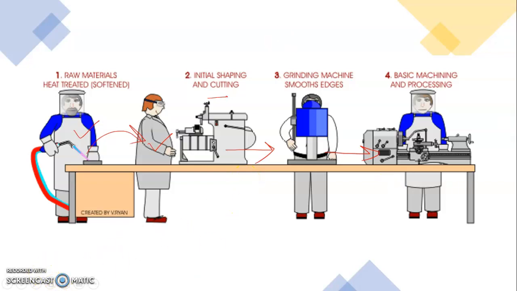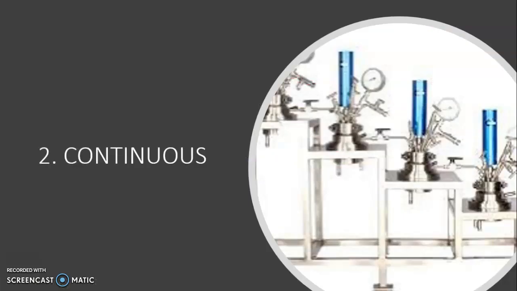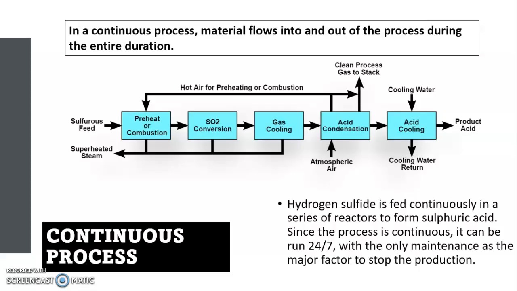Next, continuous process. What is continuous process? Continuous process means material flows into and out of the process during the entire duration.